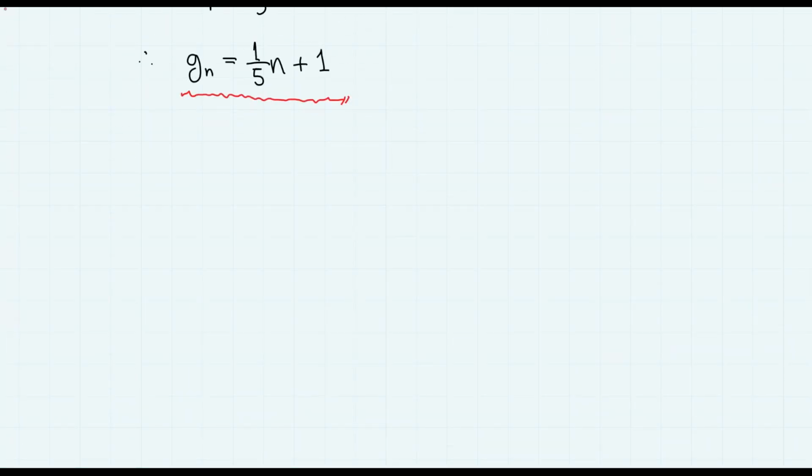Therefore, there indeed exists such a sequence gn. In other words, we indeed have the relation an plus 1 minus gn plus 1 equals n plus 1 over n plus 5 times an minus gn.